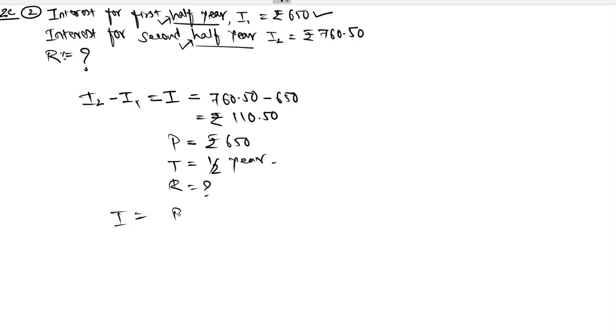I is equal to PRT upon 100. So I is 110.50, principal is rupees 650, rate is unknown, time is half year, upon 100.